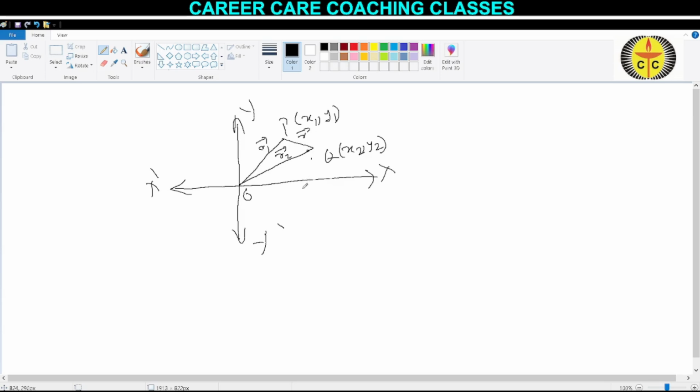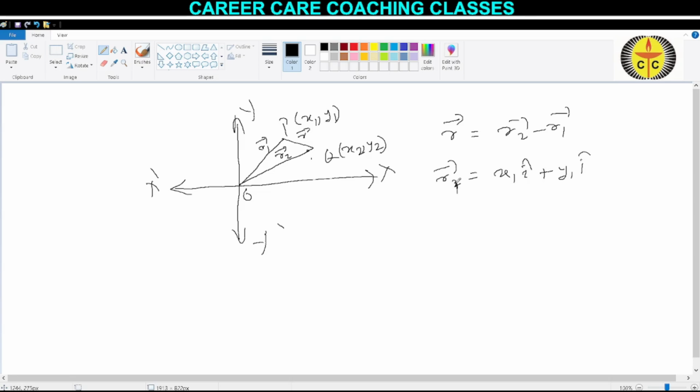So R is equal to R2 minus R1. In terms of rectangular coordinates, with corresponding unit vectors, R1 is x1 i cap plus y1 j cap.